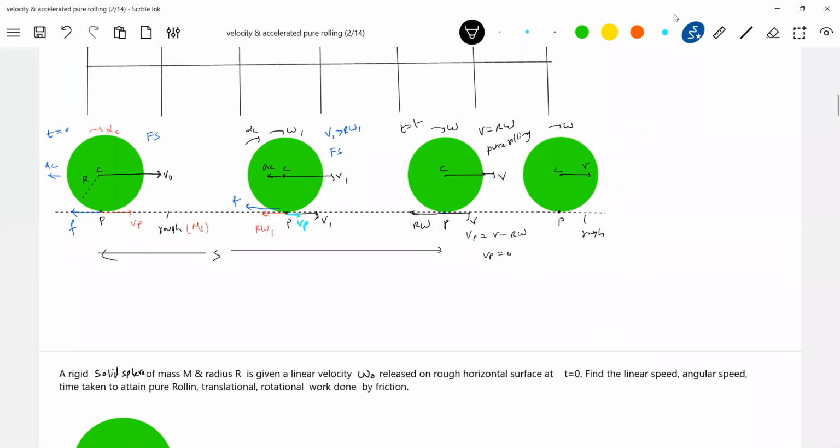I'll go for conservation of angular momentum, because if net torque is zero, angular momentum is conserved.